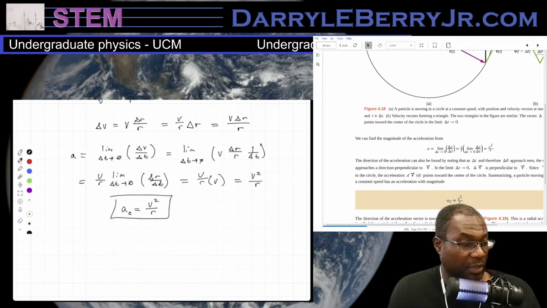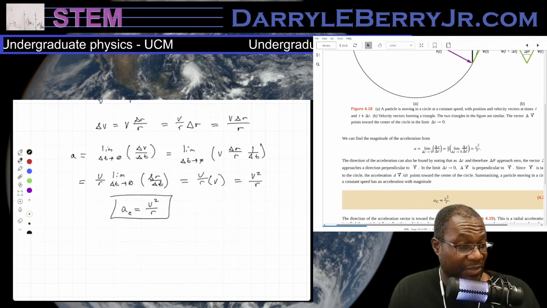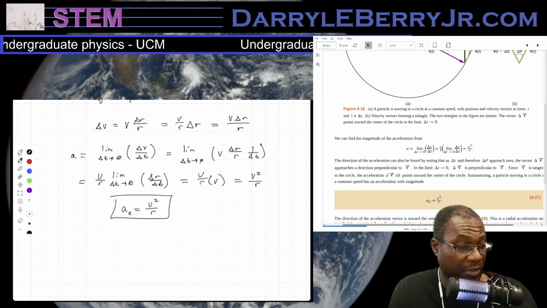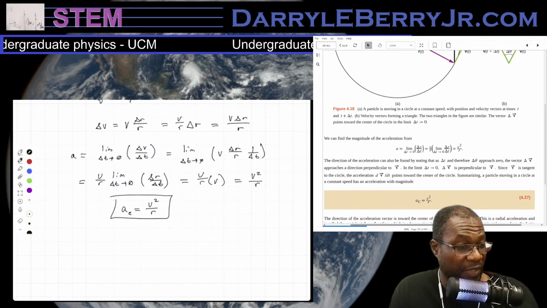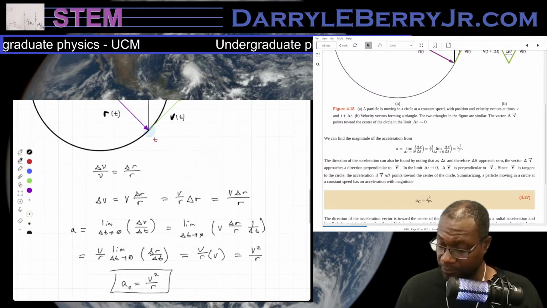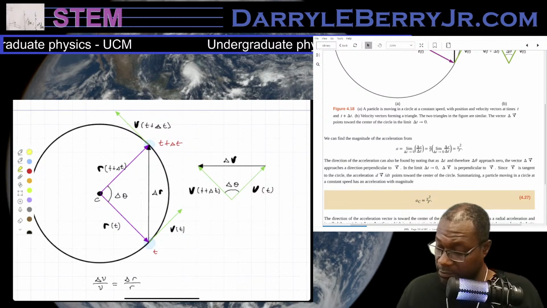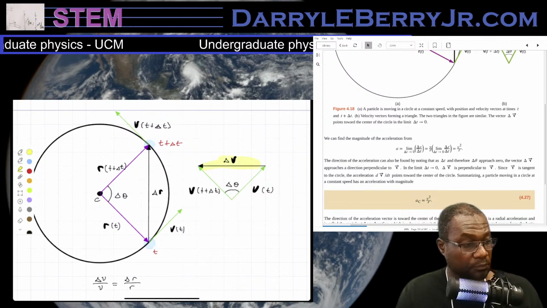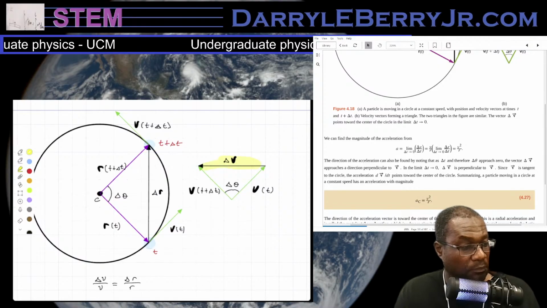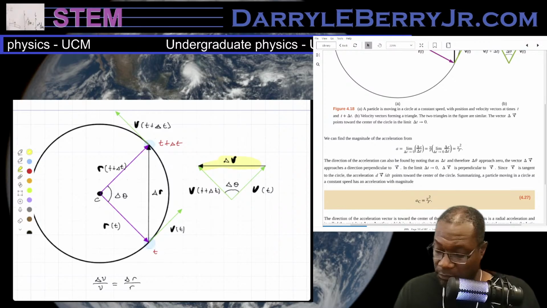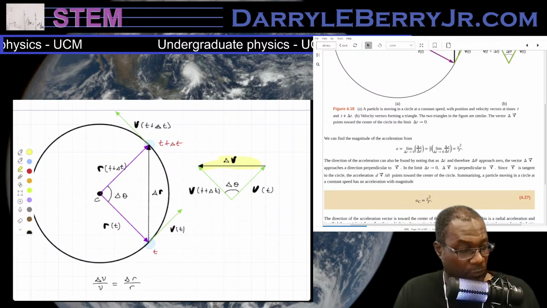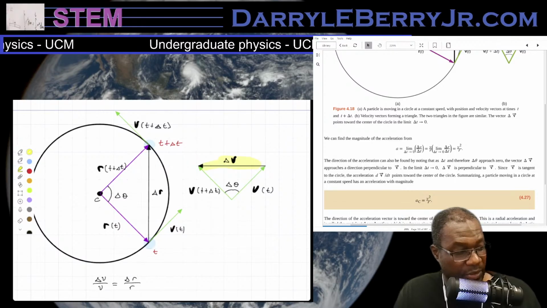The direction of the acceleration can also be found by noting that as the change in t, and therefore the change in theta, approaches 0, the vector change in v approaches a direction perpendicular to v, as we see here. Since v is tangent to the circle, the acceleration dv over dt points toward the center of the circle.